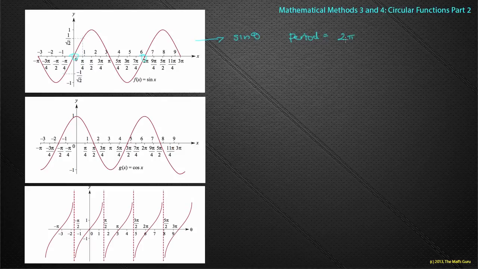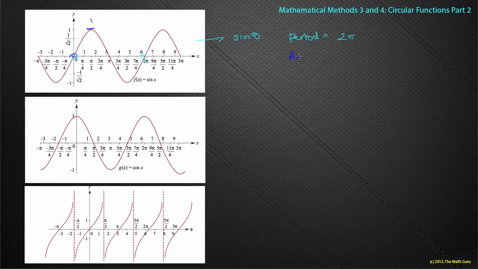Seems sensible. And if we look at the height this graph goes, again starting at 0, the highest this graph goes is 1, and the lowest it goes is -1. Now, the difference between where it starts and where it finishes in the height sense, from the middle to the top, or from the middle to the bottom, is called the amplitude.